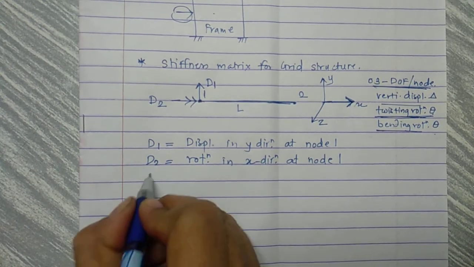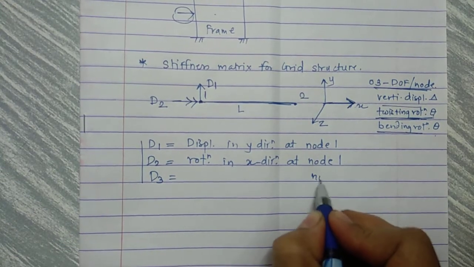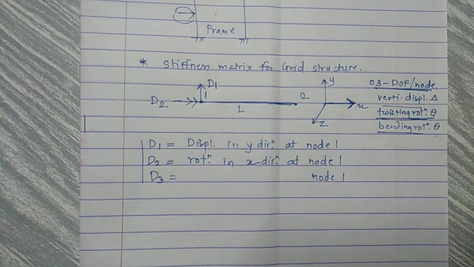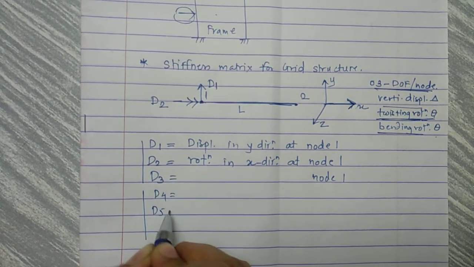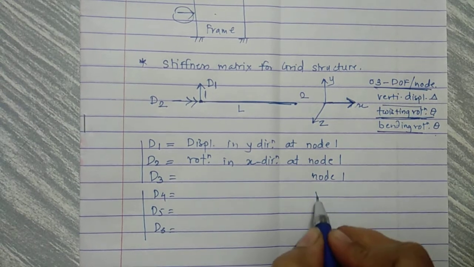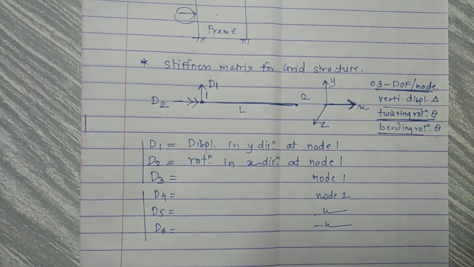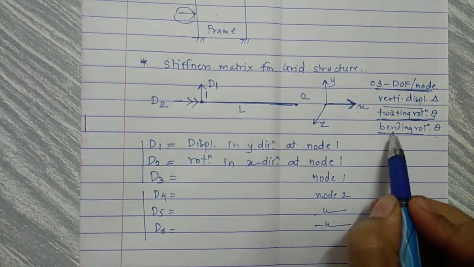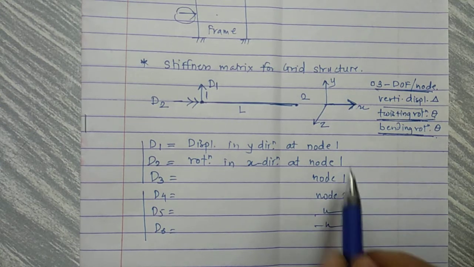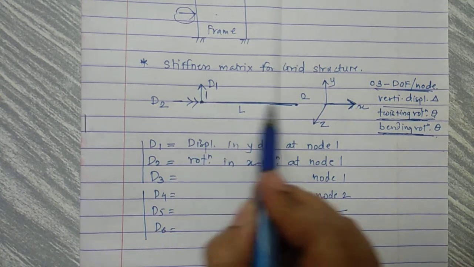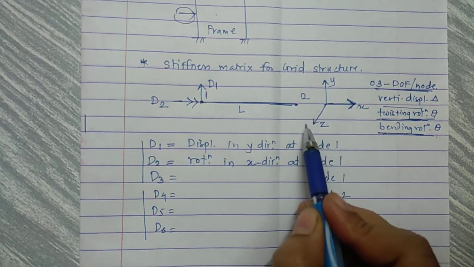And last D3, 3 degrees of freedom for node 1. And next 3 degrees of freedom, that is D4, D5 and D6, they are for node 2. Okay, so D3, that is this third degree of freedom, bending rotation. This member is in the xy plane, so its bending moment is about this third axis, that is this z axis.